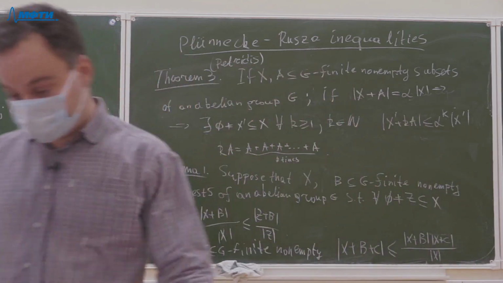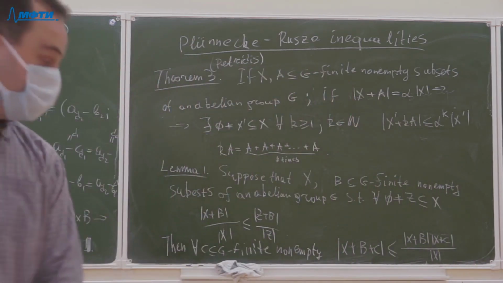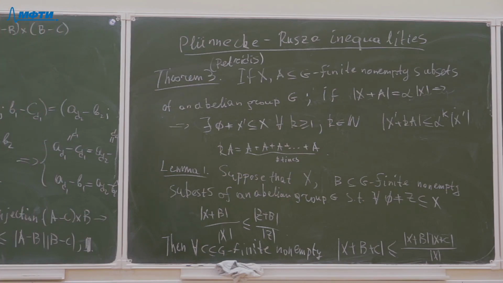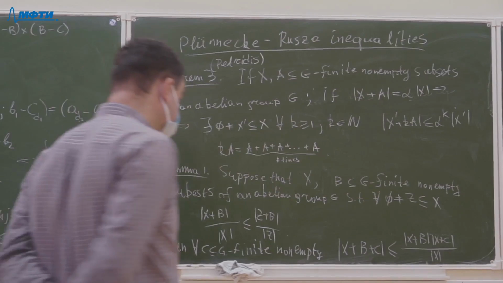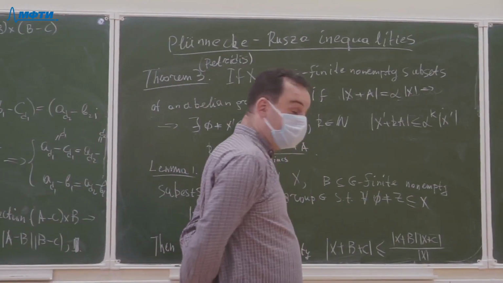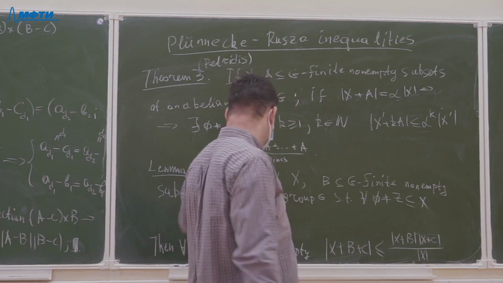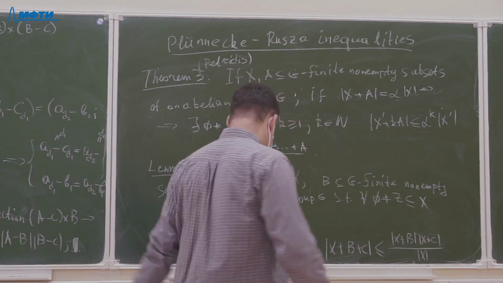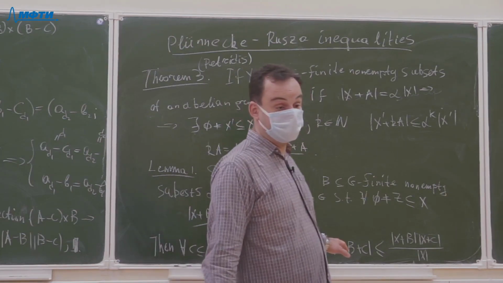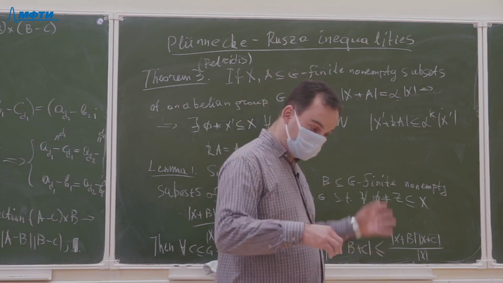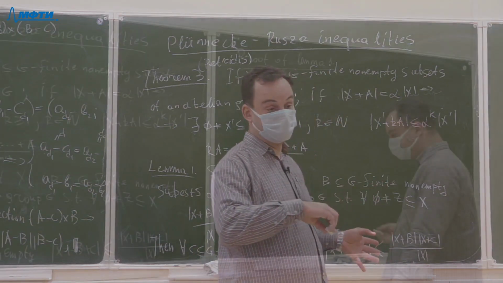Yes, right. We need this lemma. See, here X is a very, very specific subset with this property. That's why we don't need to pass to subsets of X.